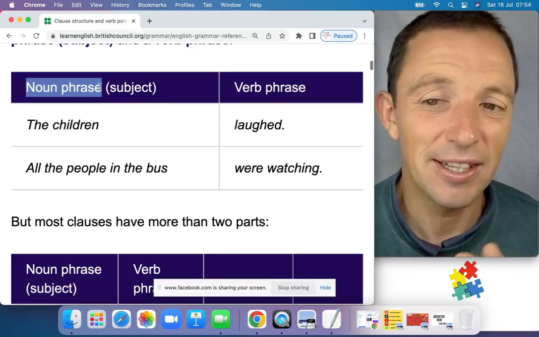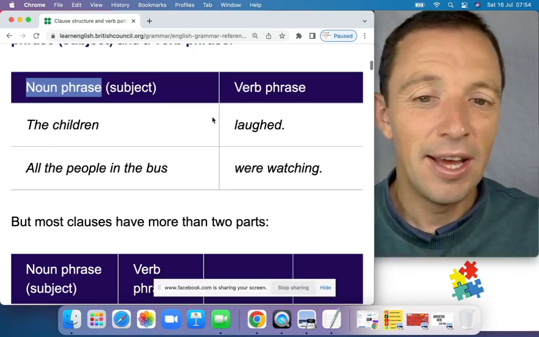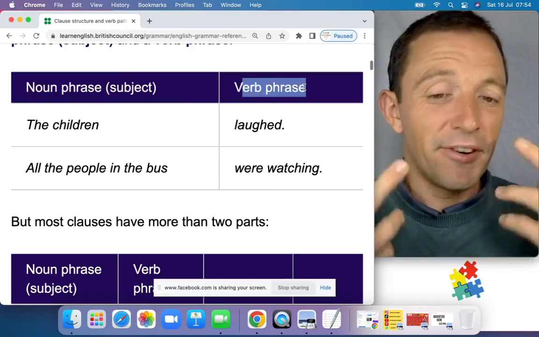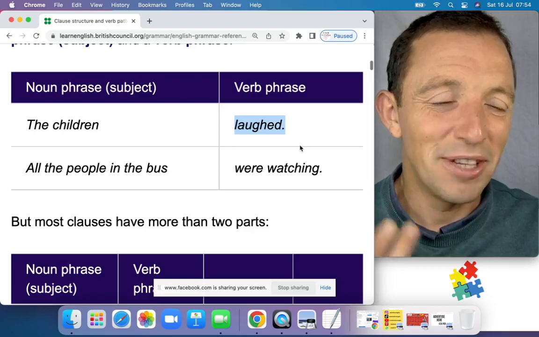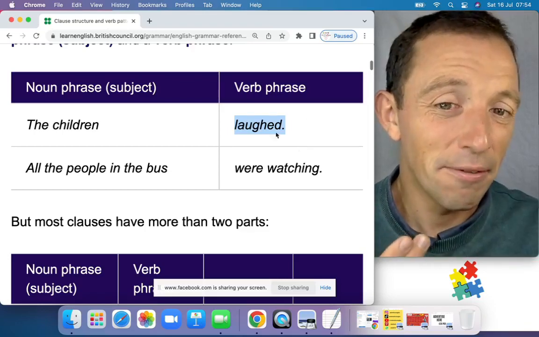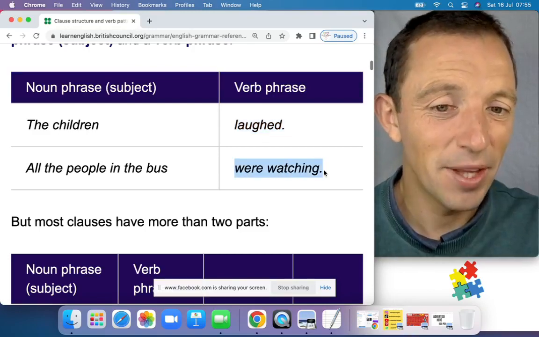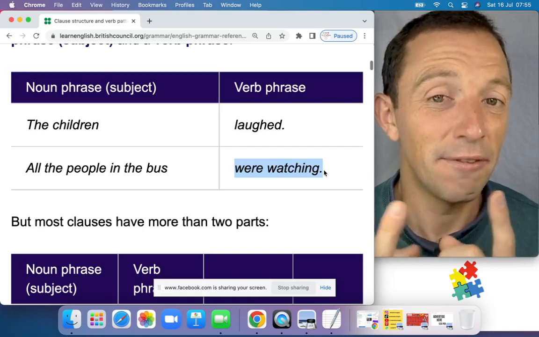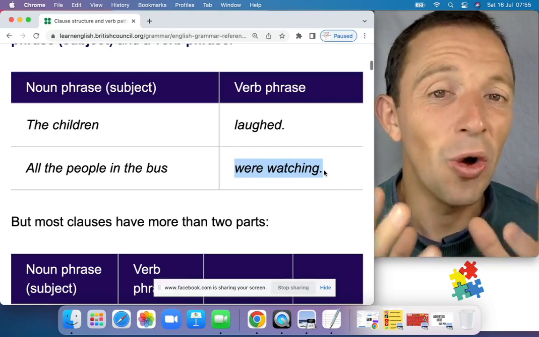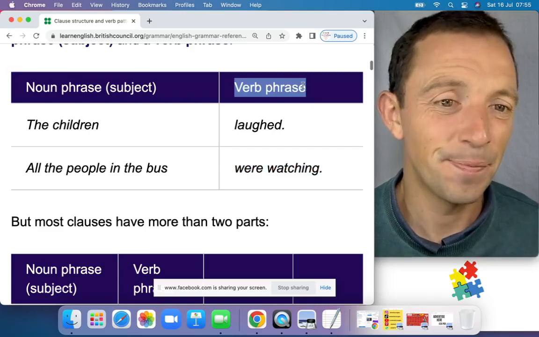Basically, it's the subject of a sentence. The verb phrase is just a verb. You have different conjugations and different formulas. In this case it's the past simple, and in the second case, the past continuous. So you have different tenses, different forms, and that's known technically for this lesson as a verb phrase.